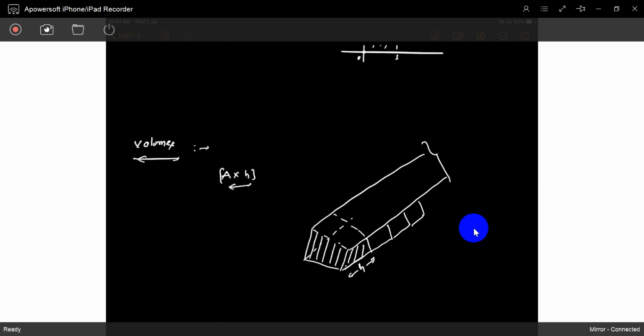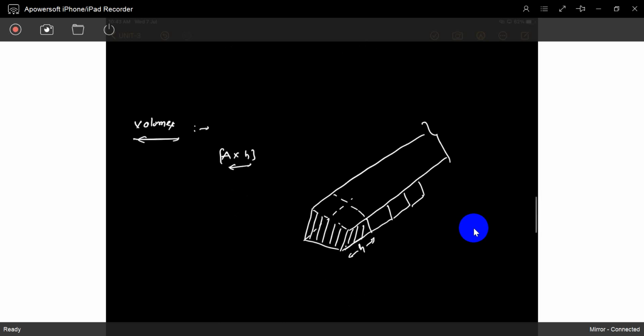In the previous methods we just took one line: one height and the interval distance, and we got the area.